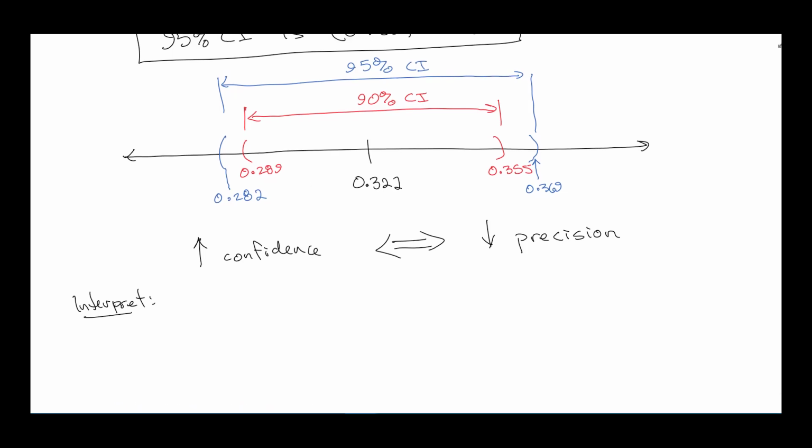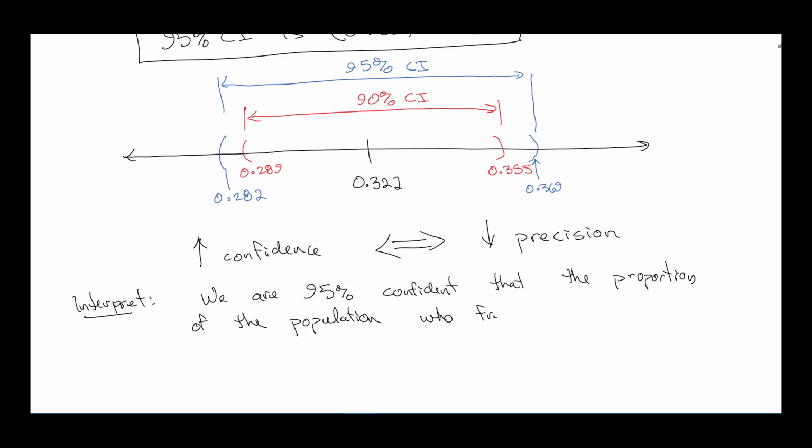Basically what we're saying here is that we are 95% confident that the proportion who frequently eat peanut butter, or whatever your characteristic is, is between 0.282 and 0.362.